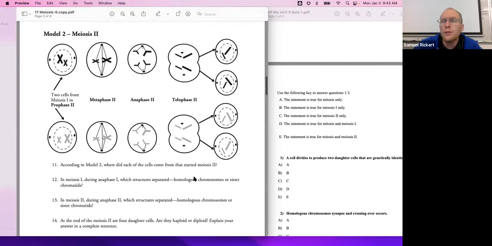In both meiosis 1 and meiosis 2, then we get to the important idea of independent assortment. And in independent assortment, we see that in gamete formation, the chromosomes can come from any origin, meaning, and it's nicely color-coded for us here, that each chromosome has 2 chromatids.